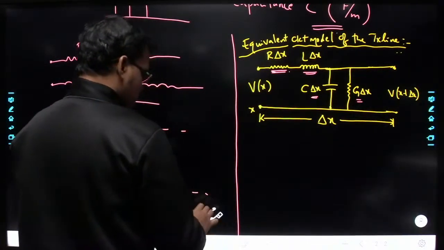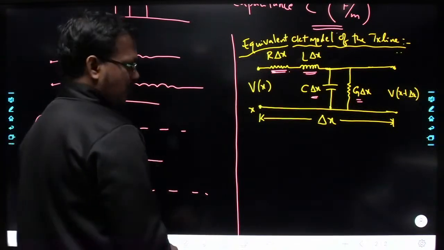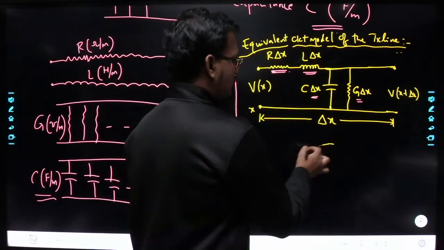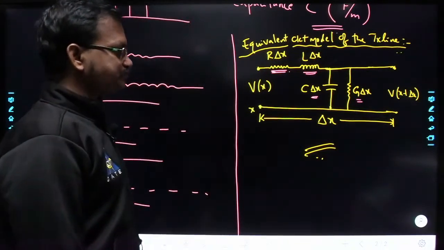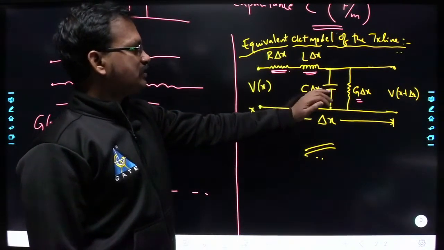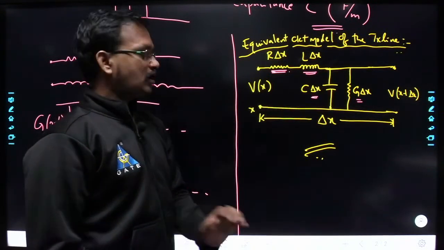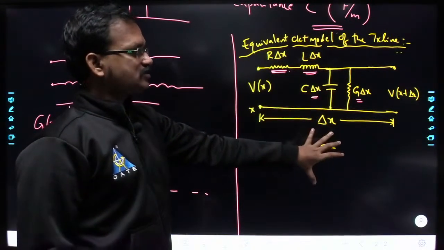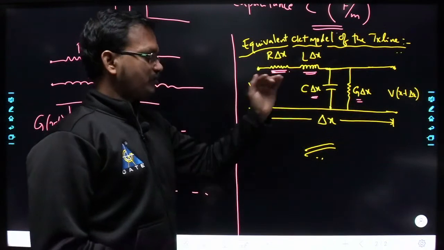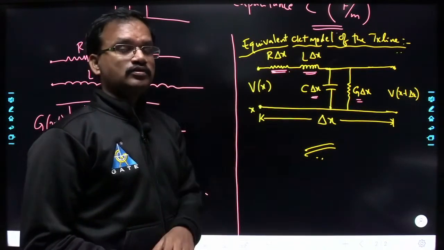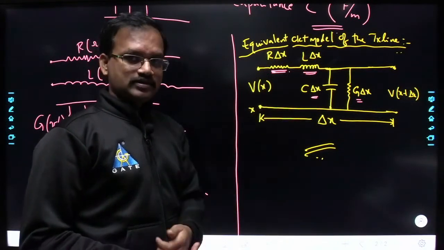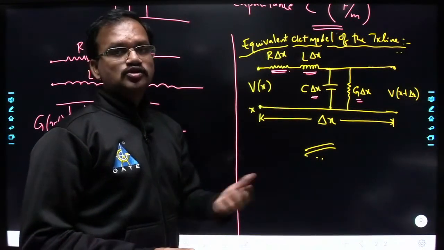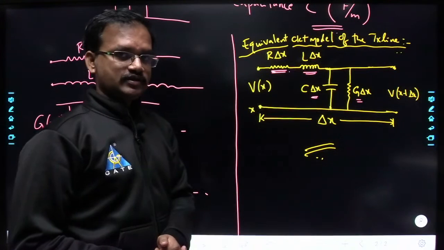So with this I am winding up the session for today. Tomorrow we will continue with this equivalent circuit model. I am going to directly take this equivalent circuit model of the transmission line, and from here we try to get the equations in terms of voltages and currents, and we try to get the solutions of those equations.